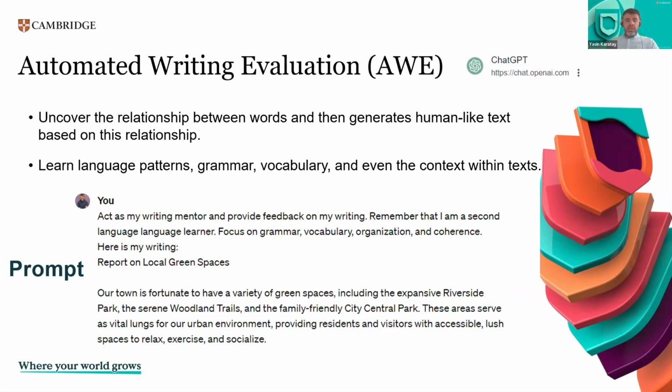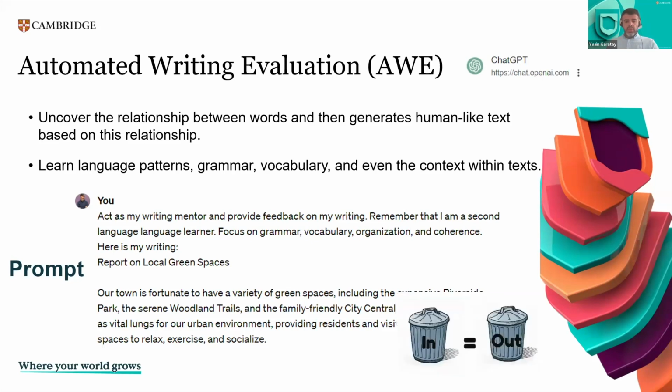So I guess the important thing to know here is the prompt. You need to be careful with how you talk to the AI. There's a term called garbage in, garbage out. I don't know if you have heard of this one, but it means if your prompt or question to the AI is not so good, you won't get a good response either.